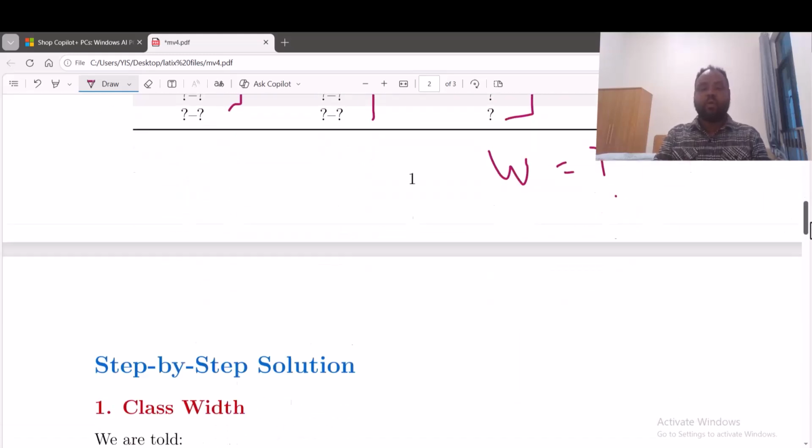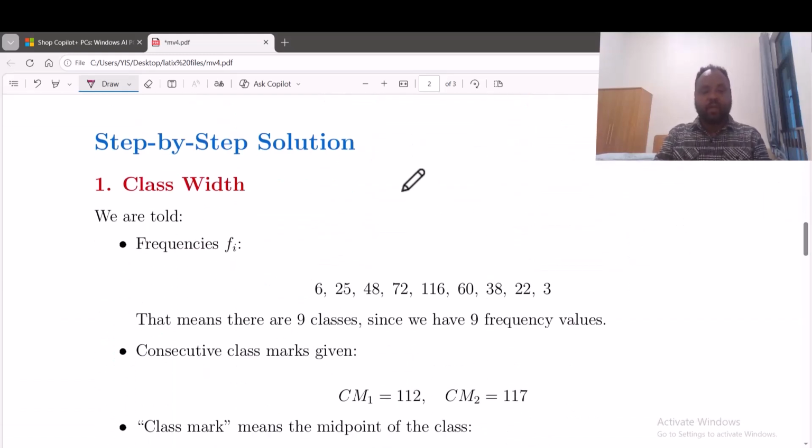The first step is to find the class width, denoted by W. Class width is the difference between the class limits of consecutive classes, or the difference between the upper class boundary and the lower class boundary of a given class. Or, the class width is the difference of two consecutive class marks.